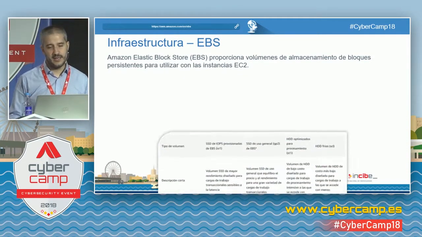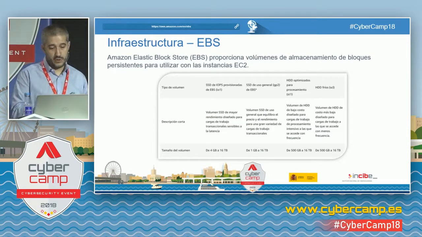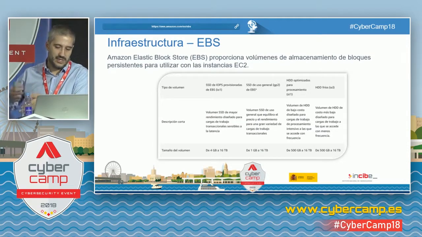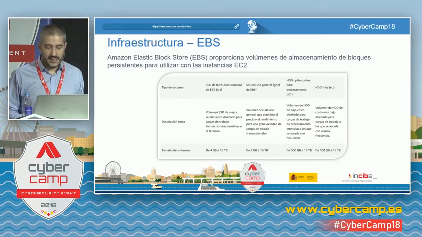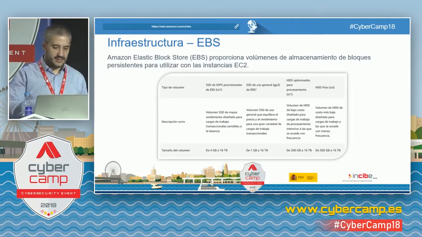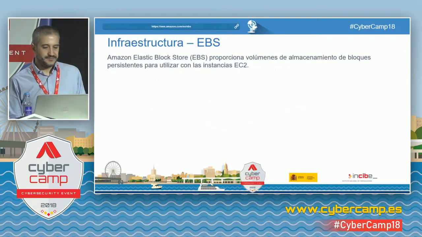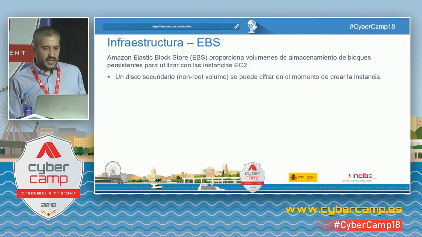All the information stored is stored on EBS. What is that? Well, the disks, from SSD to the usual old HD disks. The sizes go from 500 gigs to 12 terabytes, a whole great big range.